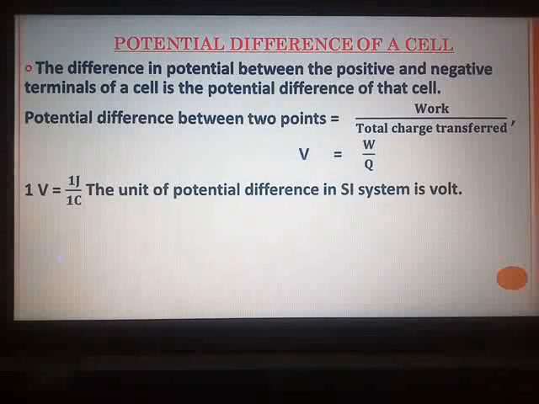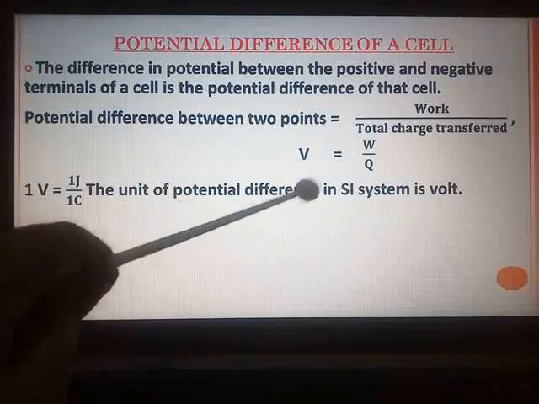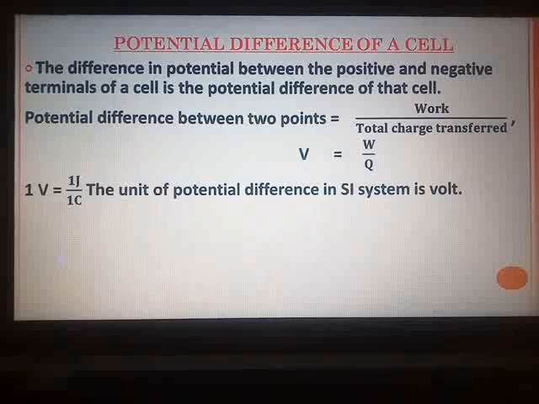So you can say that the potential difference is 1 volt when 1 joule of work is done in moving 1 coulomb of charge from one point to the other. So 1 volt is equal to 1 joule upon 1 coulomb. Why did I say volt over here? Because the SI unit of potential difference is volt.